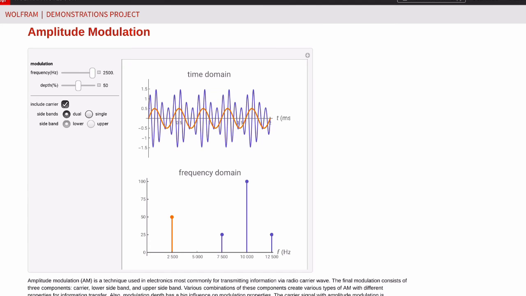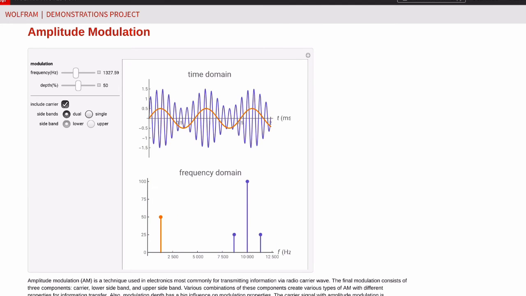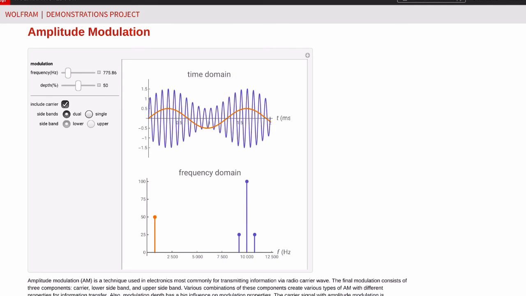All right, so it's a bit slow, but there, as I change the frequency of the red signal, you can see it moving from the left to the right. And as I change the depth of modulation, look what happens to the relative amplitudes of the sideband and the carrier. So that's 100% modulation.